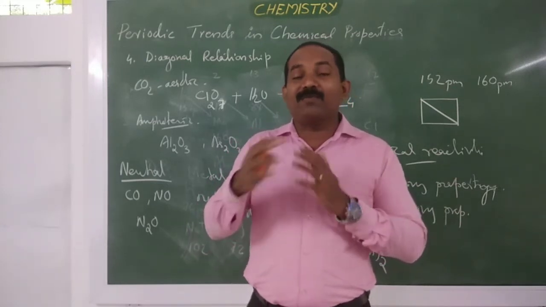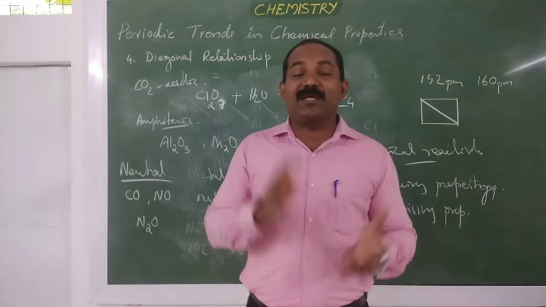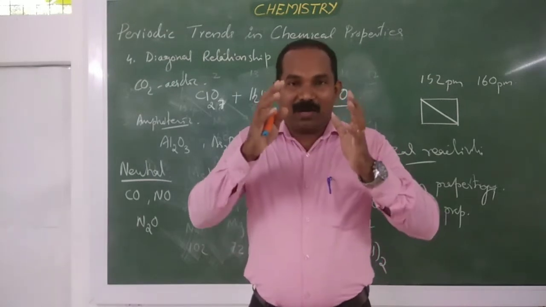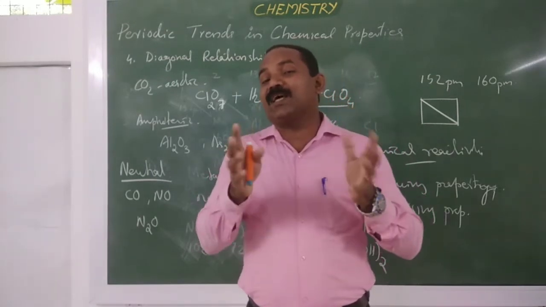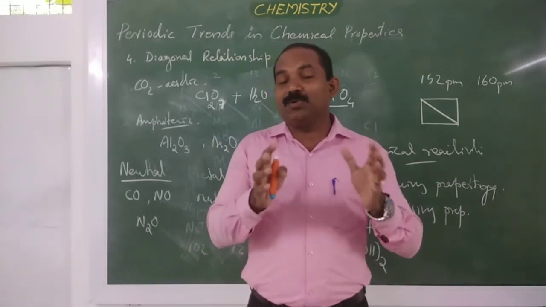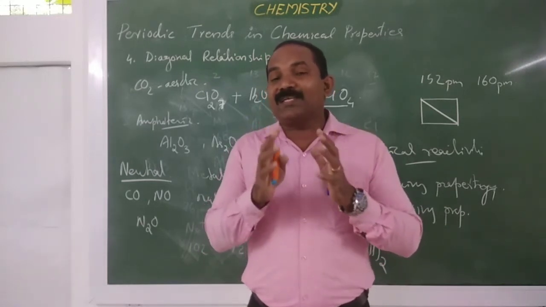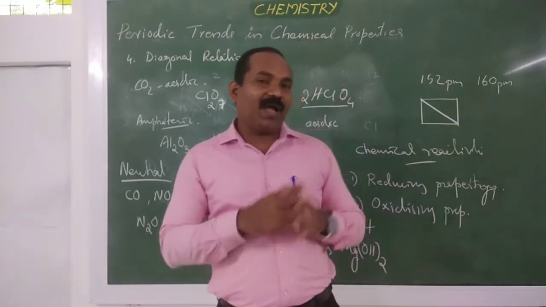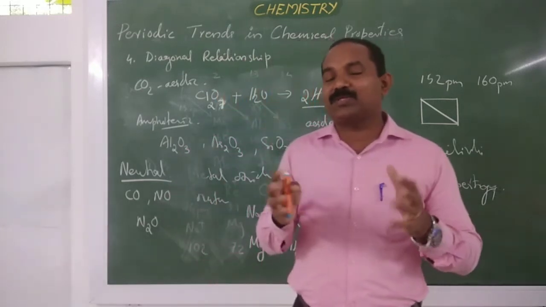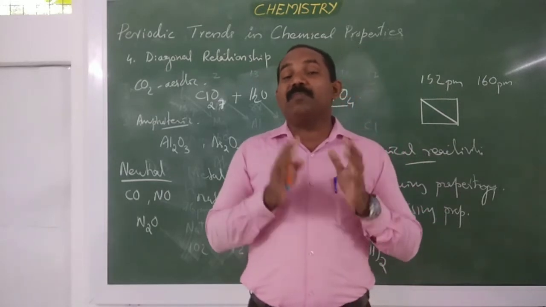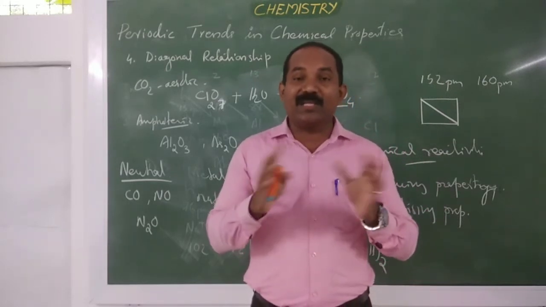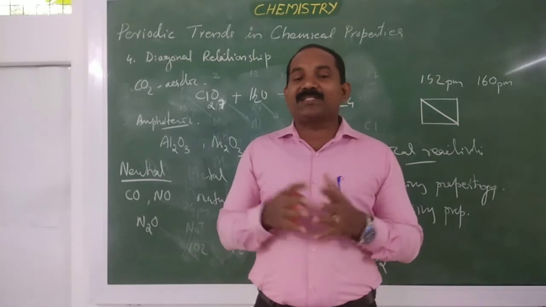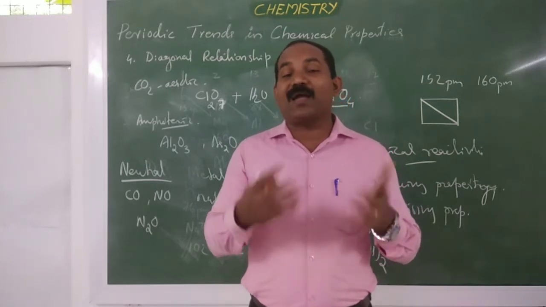By involving the s and d electrons, transition metals and inner transition metals generally show variable valencies, and their ionization enthalpies are different from the main group elements. The trend is different, so we will discuss these things in higher classes.